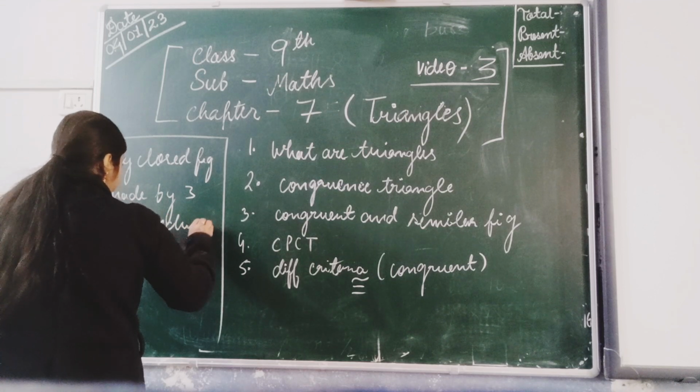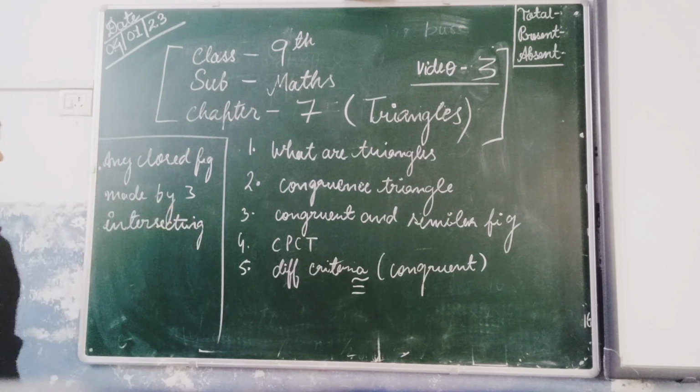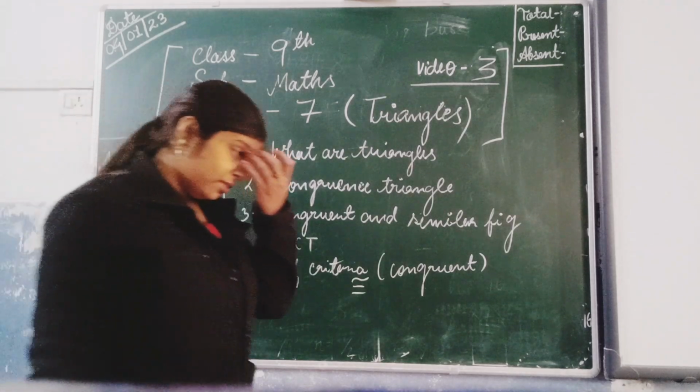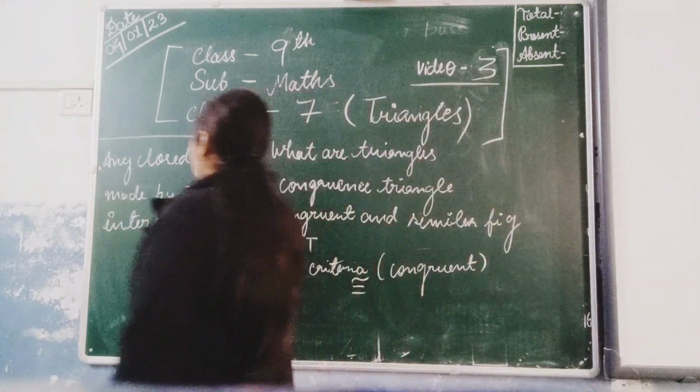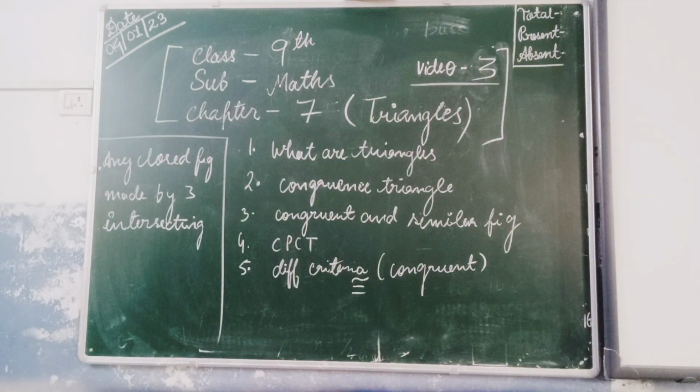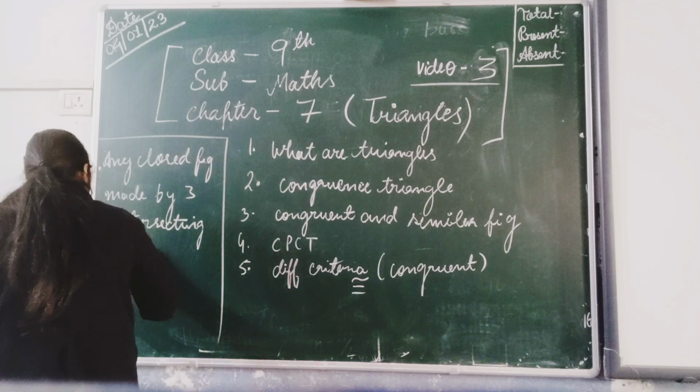Intersecting lines is very basic and everyone knows about it, but still it is important to discuss since we are revising the complete chapter. Any closed figure made by three intersecting lines is known as a triangle.